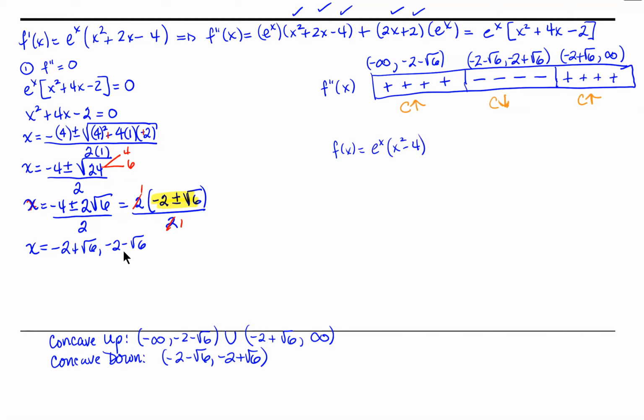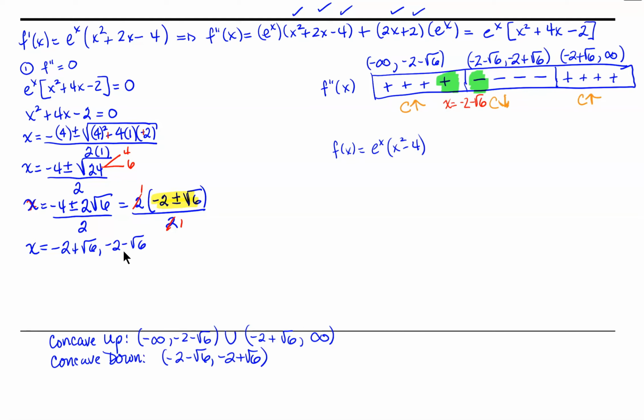With that in mind, looking at critical point x equals negative 2 minus square root of 6, we can see that there is a change in concavity from the left of the critical point to the right, switching from concave up to concave down.